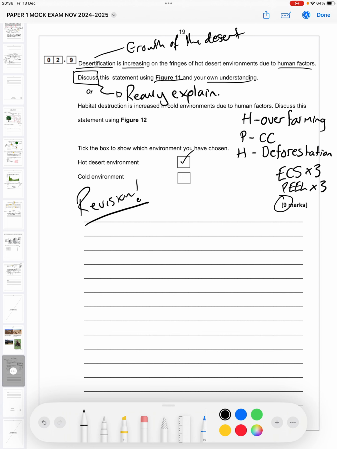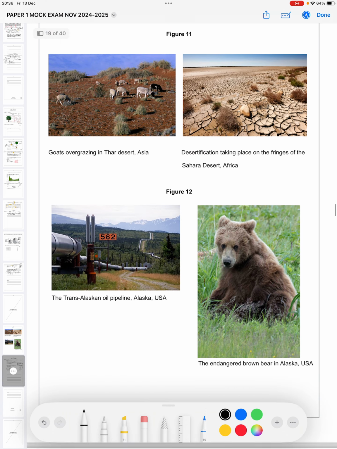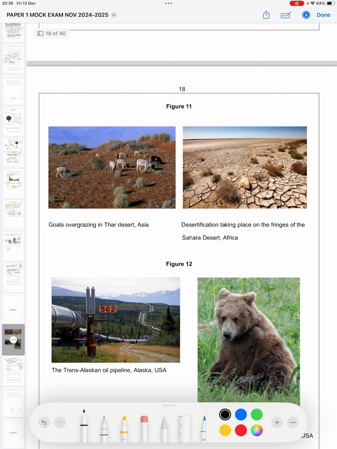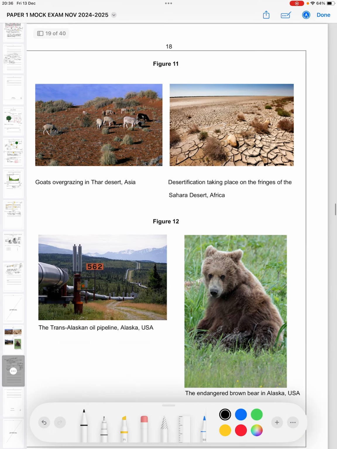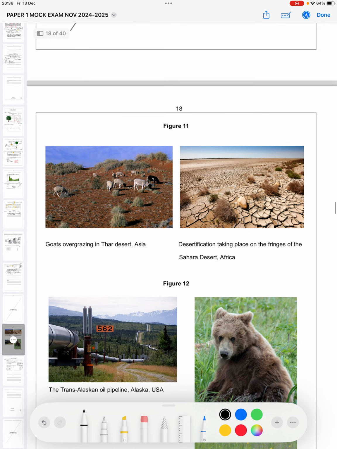Okay, you really got to think about how you link into the figure with this one. So for my guys, you don't have to use both pictures. You really don't. But you could be saying, pardon me, it's figure 11 for me. So you can make the point and say, in figure 11, I can see goats are overgrazing in the Thar Desert. This is a human factor. And then going to explain it.